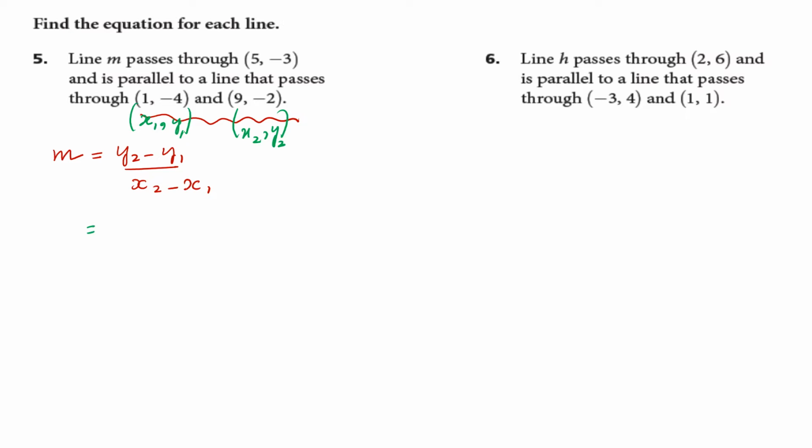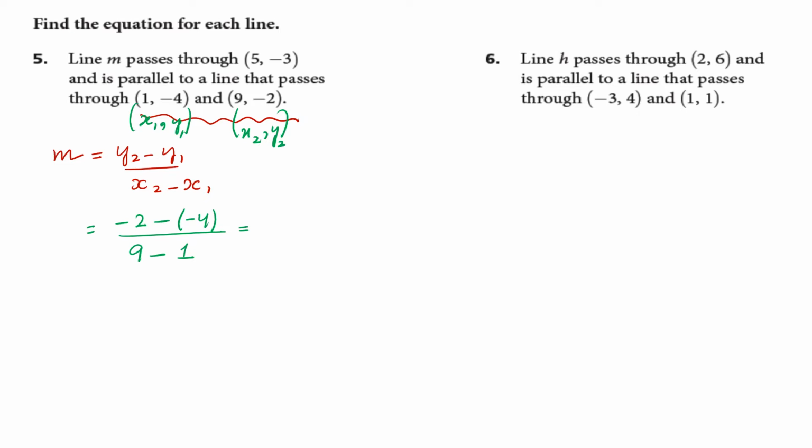So write down the values. y2 is negative 2, minus y1, which is negative 4, divided by x2 is 9, minus x1 is 1. You can use the calculator or do it by mental math, but write the values in the simplified form.